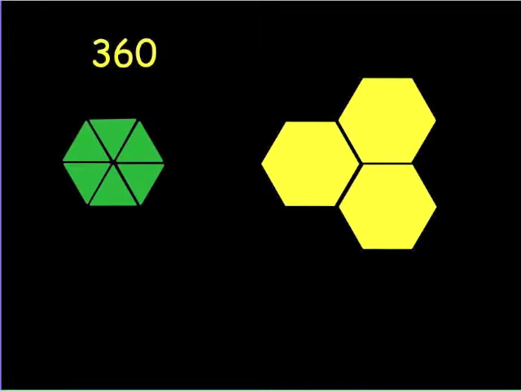Moving on to the next page, let's look at a couple more problems here where we can think about figuring out the measure of the angles of polygons by drawing a circle using this 360 degrees.